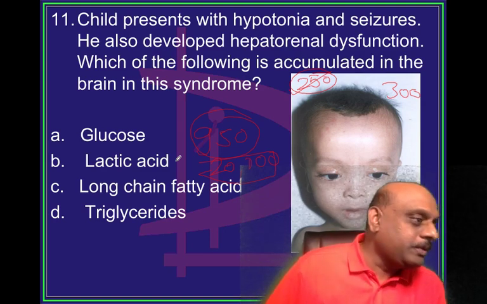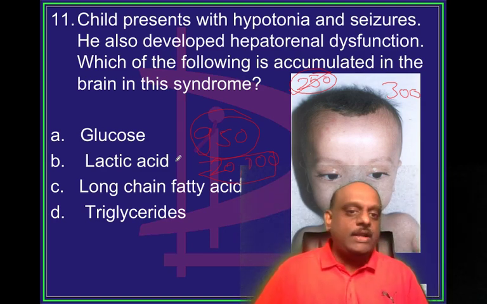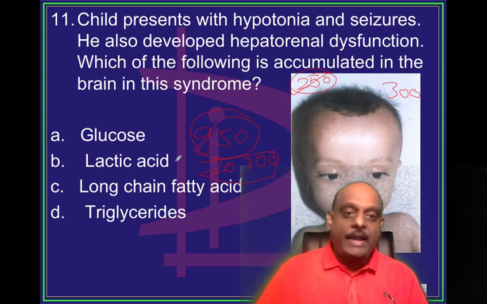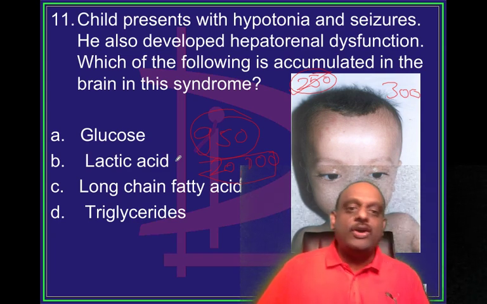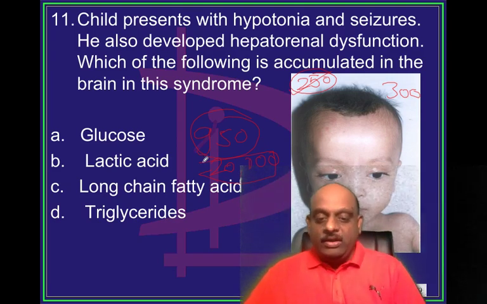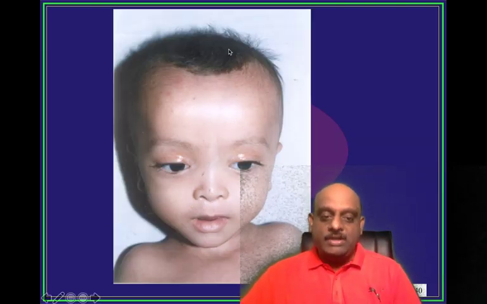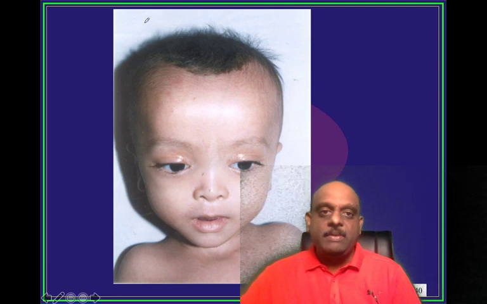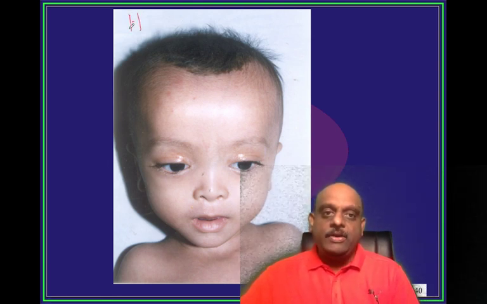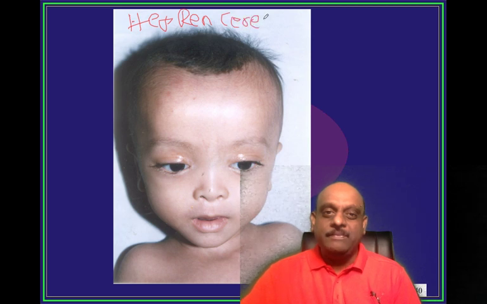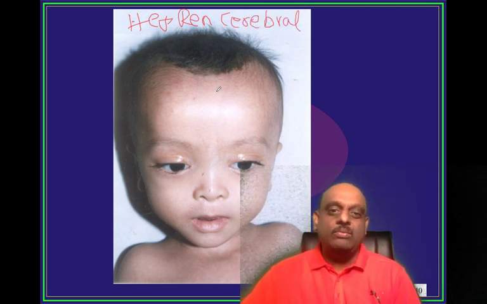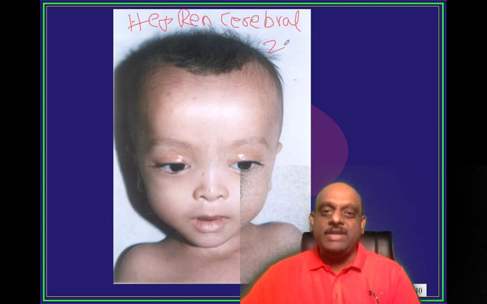Yes. So Roshan Yadav is proposing long chain fatty acids. Very good. And Arga Saha already got it. What is this condition called as, doctor? Please remember, it is called hepatorenal-cerebral syndrome of Zellweger.